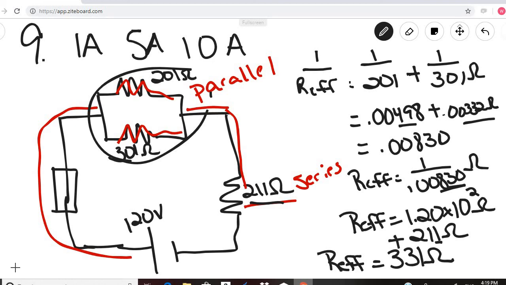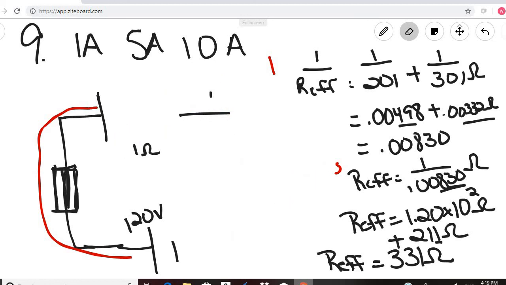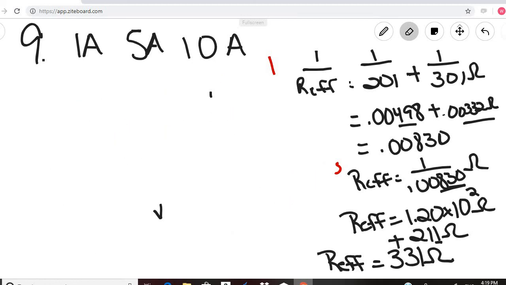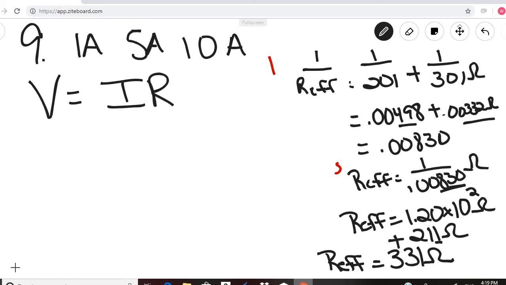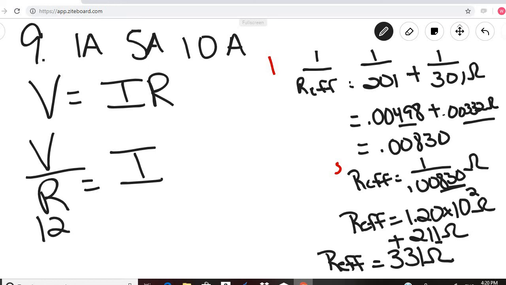Okay, so that's our resistance, and we're asked which of these fuses should be used here. So the fuses are giving us the current. With that resistance, we can calculate current because V is equal to I times R, so V divided by R equals I. The voltage that we were given was 120 volts.